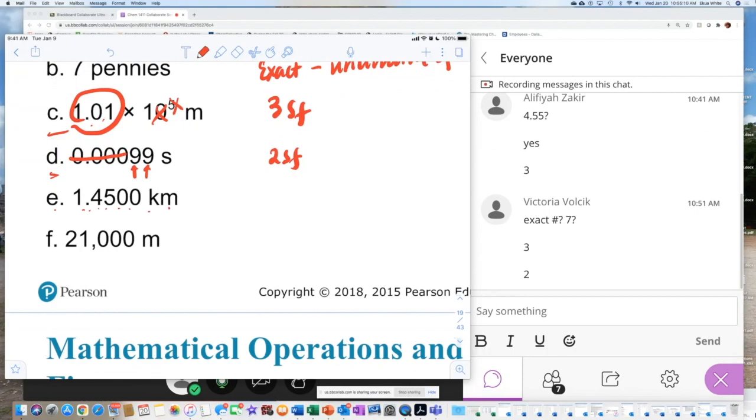1.4500 kilometers. This is a measured value, right? It's measured, it's not counted. They had to measure it. So what do we say about that? The rest of you, feel free to chime in.